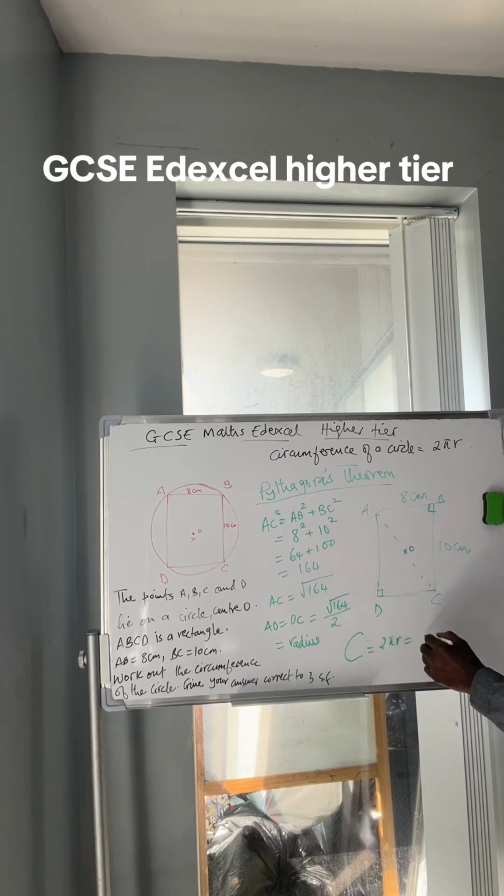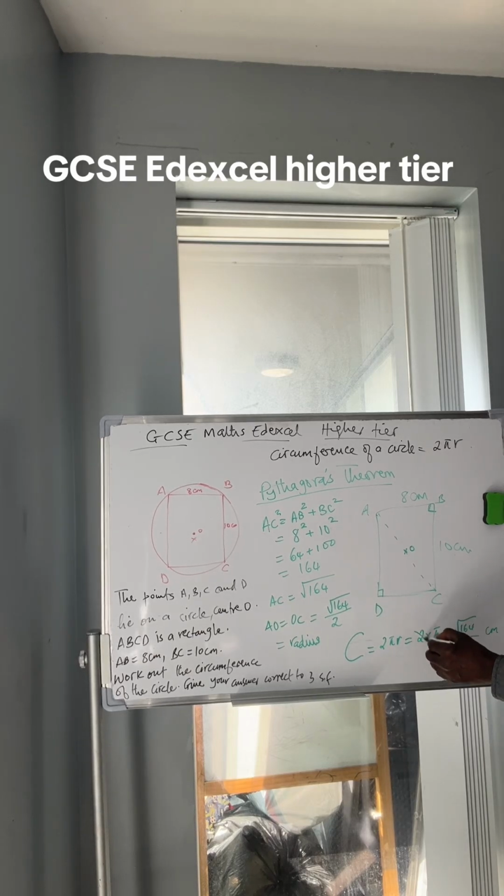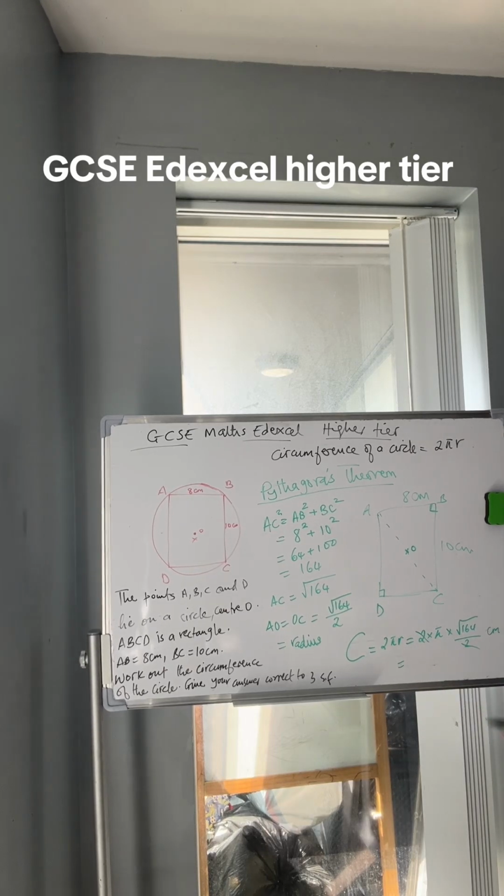And we know this is 2 times pi times what is r? The square root of 164 all over 2. And this is centimeters. And you can see that these two will cancel.